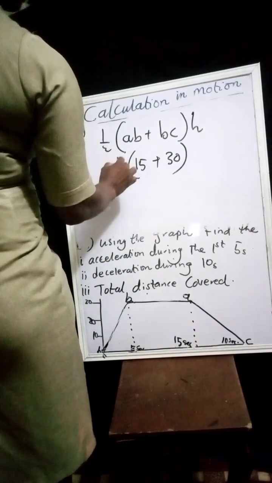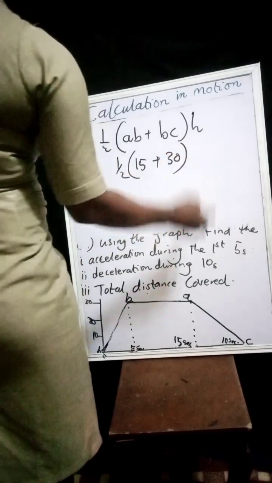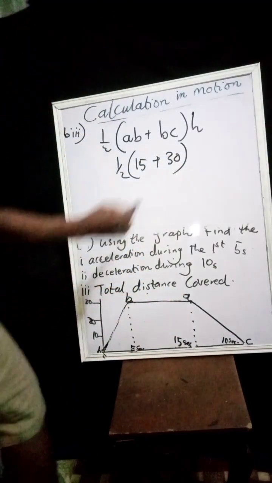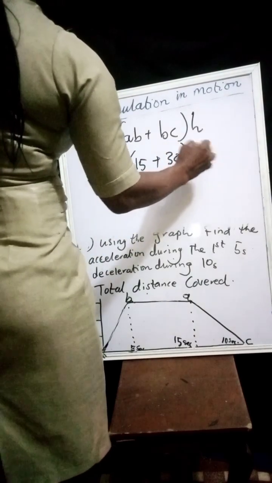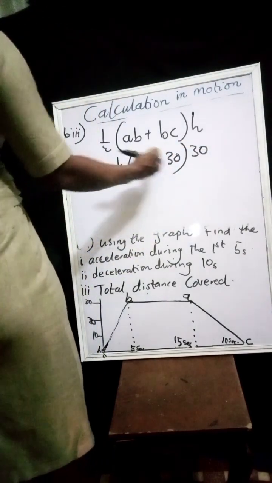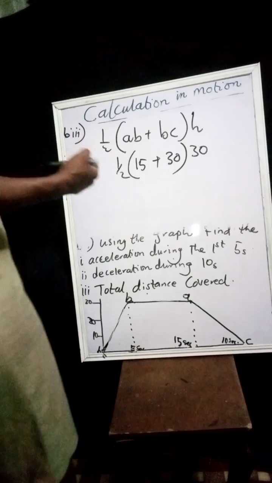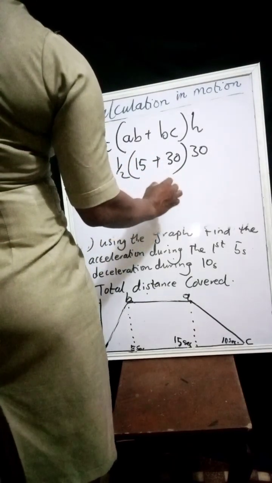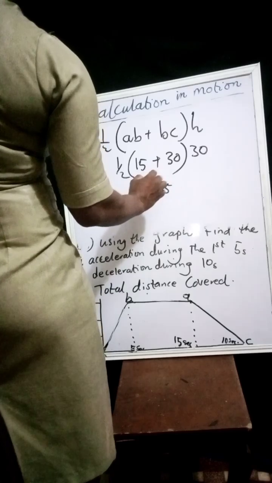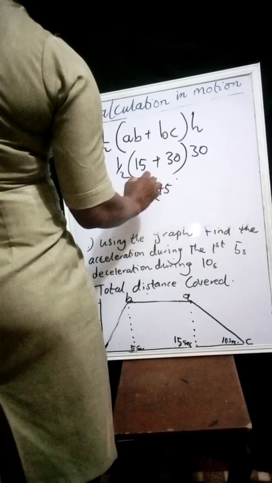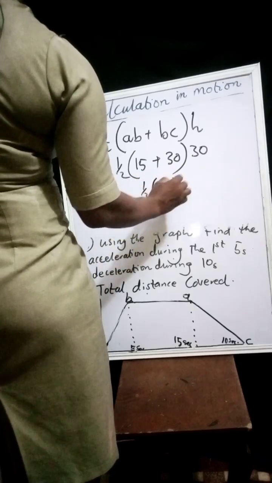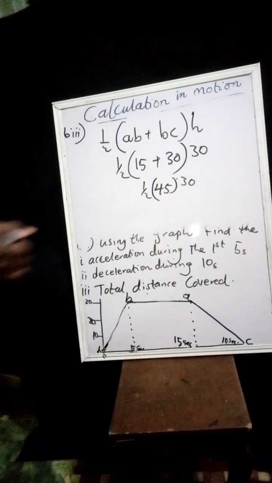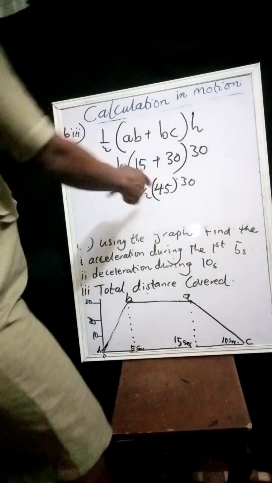Remember, we have half. Then the height is this. You trace the height here. That is 30. So 15 plus, open the bracket, do the bracket first: 15 plus 30 will give us 45. Then multiply this 45 by 30.